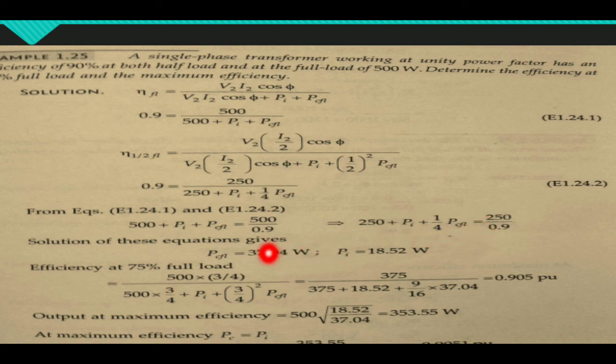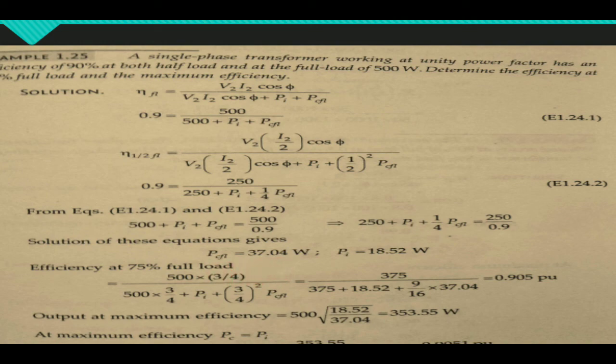Solving this equation, we get PCFL equals 37.04 watt and Pi equals 18.52 watt. So these are the values of iron loss Pi, 18.52 watt, and full load copper loss, 37.04 watt.